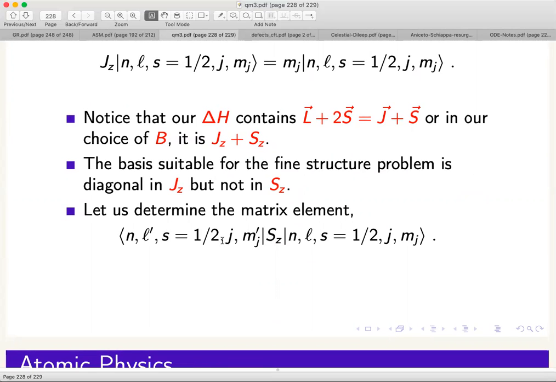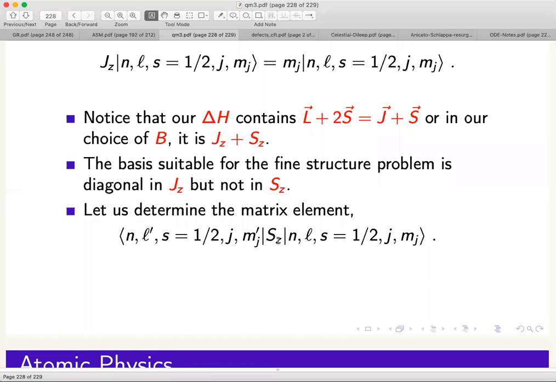Between Sz and the bra state, you introduce a complete set of ML-MS basis states, and between Sz and the ket, you again introduce a complete set of ML-MS basis states. Then the matrix element of Sz within ML-MS states is simple.